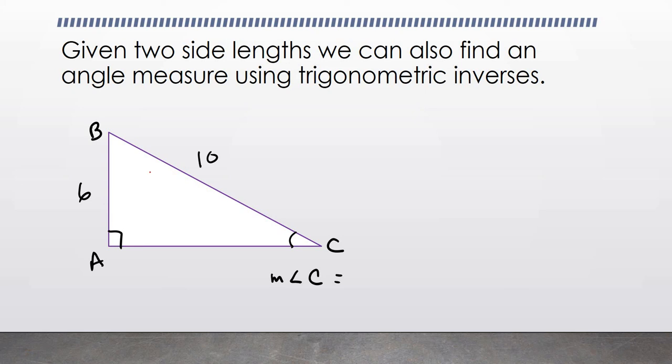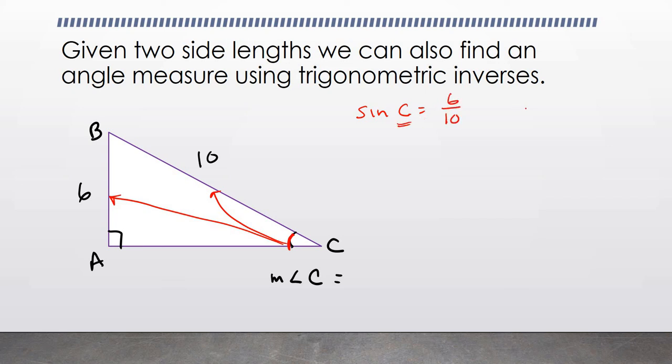So let's look at this one and see if we can find a missing angle this time. Given two side lengths, we can also find an angle measure using trig inverses. Well, first of all, angle C is here, and I have opposite and hypotenuse. So opposite over hypotenuse is the sine. The sine of angle C is 6 over 10.